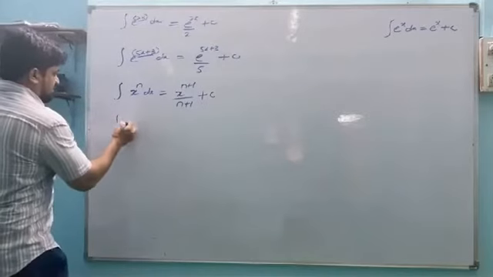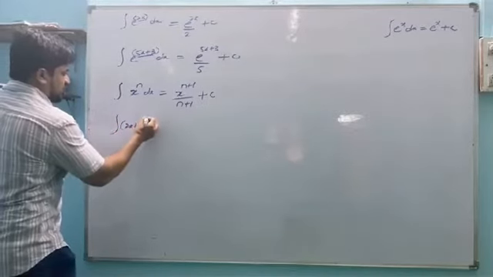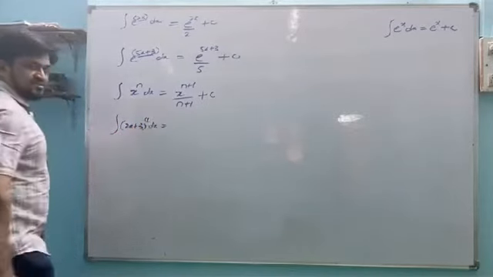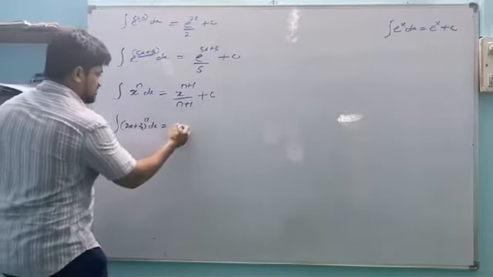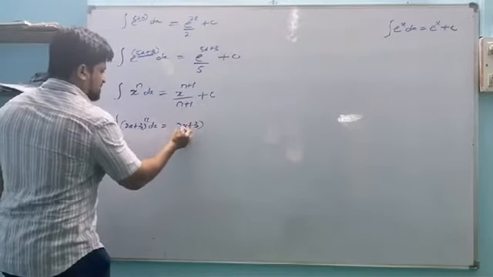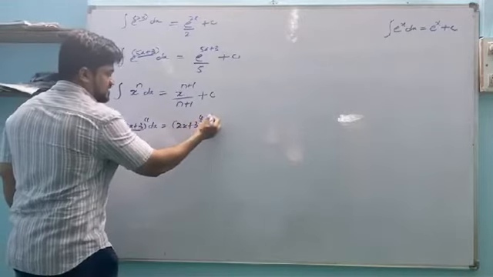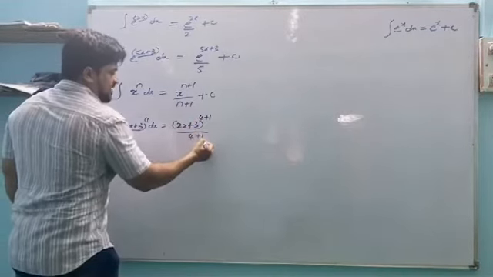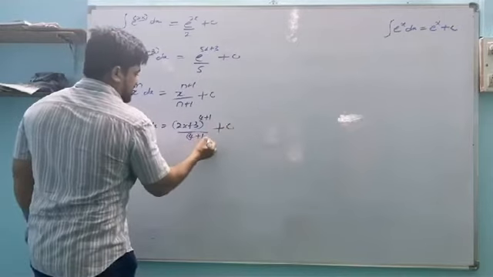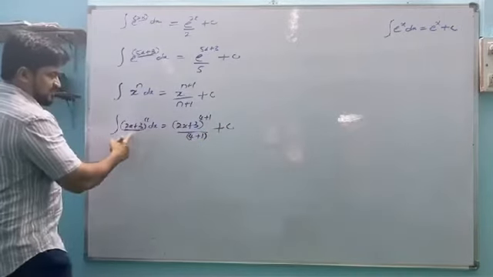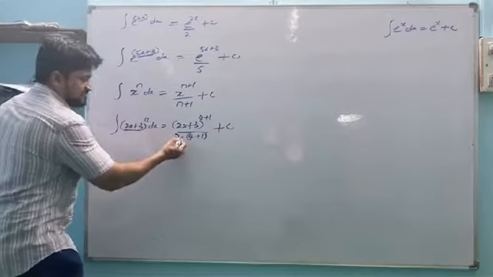Suppose the integral of 2x plus 3 whole power 4 dx is given to us. What will we do? Consider the linear function 2x plus 3 to be x, giving power n plus 1 by n plus 1 plus c. Then in the denominator, differentiate the inner function and write the value here.